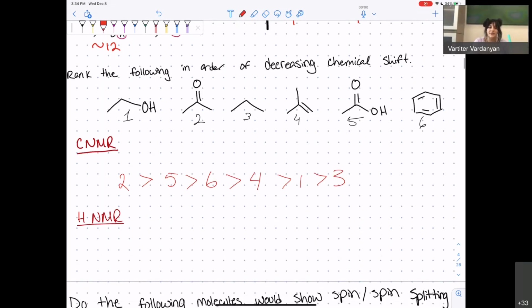However, for hydrogen NMR, 5 is by far the most deshielded. And then we have 6, 4, 1, and then 2, and then 3. Again, I have a video on this if you need more in depth about how and why this happens.